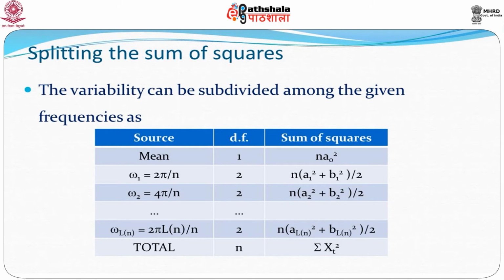If you have a large value somewhere, say omega 2 has a large value, which is n times (a2 square plus b2 square) by 2, then we know that this frequency plays a dominant role in expressing the process that we are looking at. So, this is how we can identify the frequencies which are major players in expressing the corresponding process.